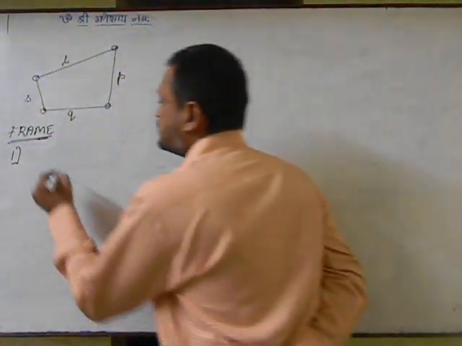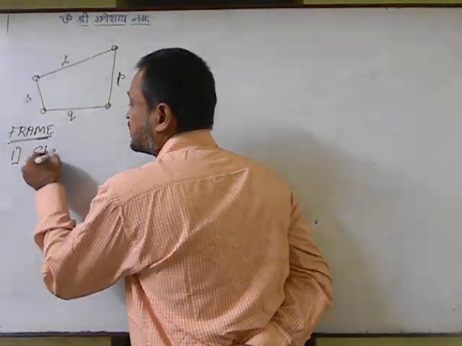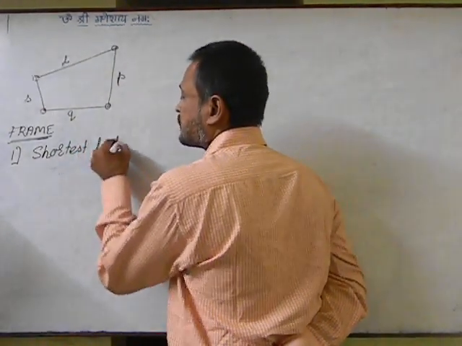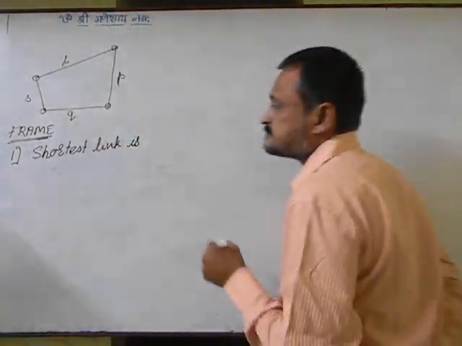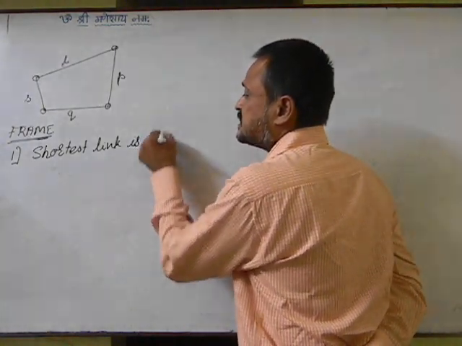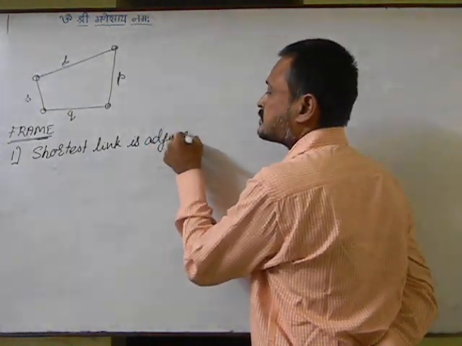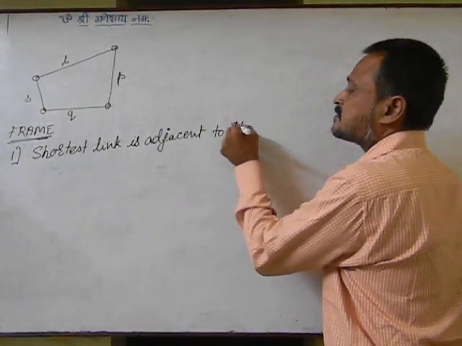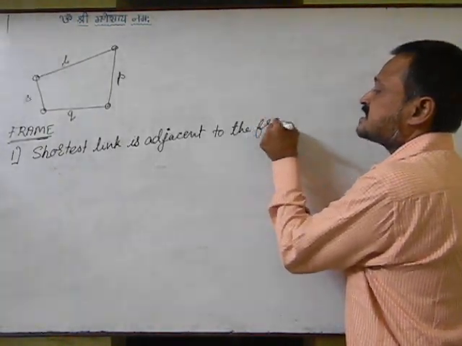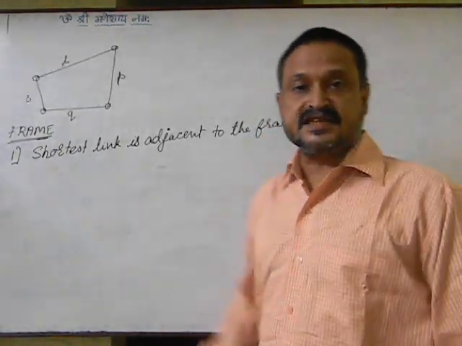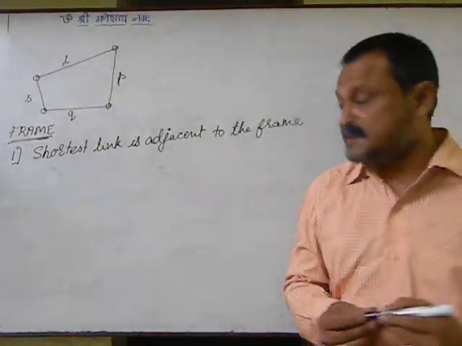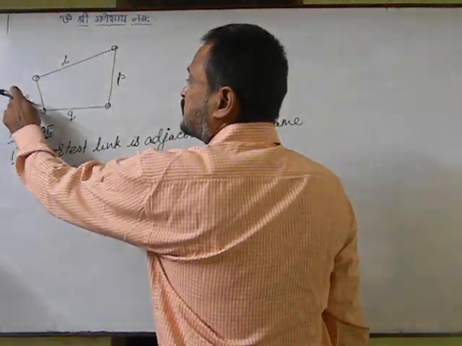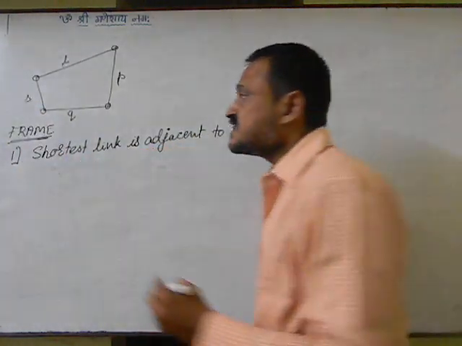The first case is when the shortest link is adjacent to the frame, right? Now if we say this is the shortest link, the first condition can be what?